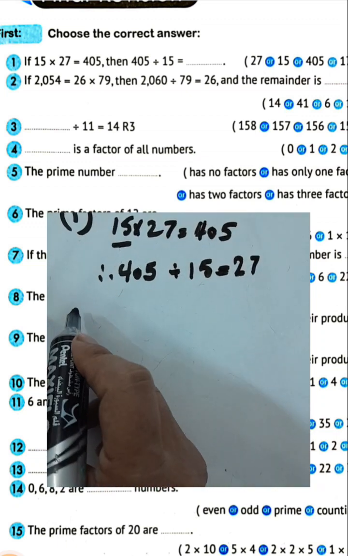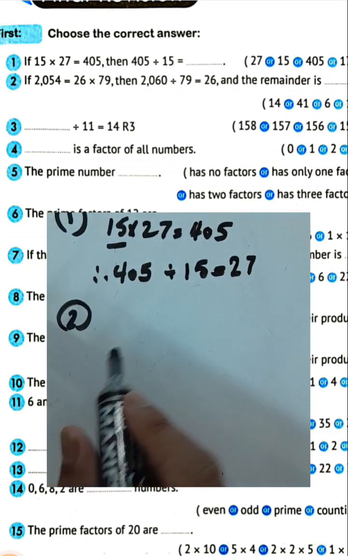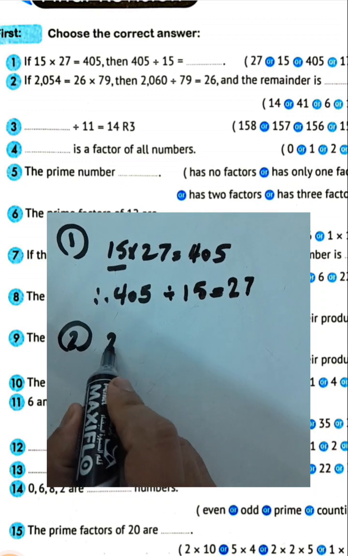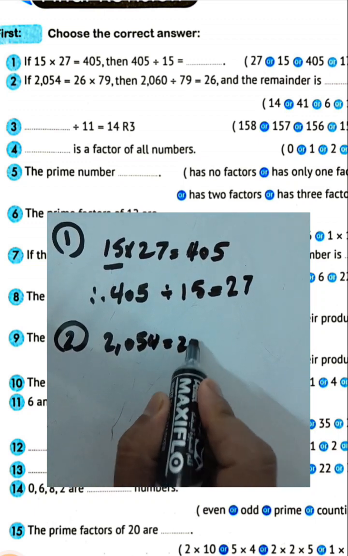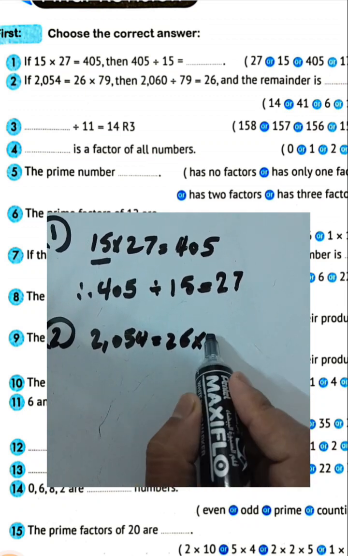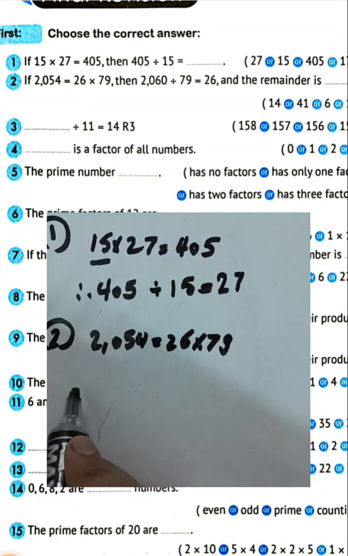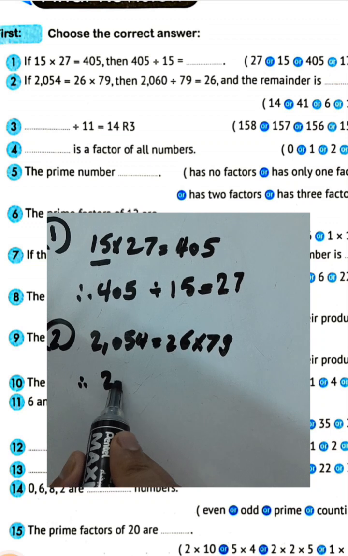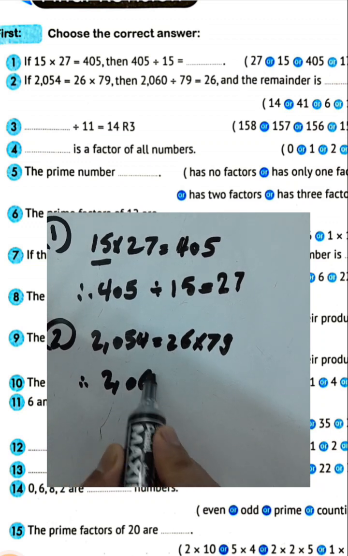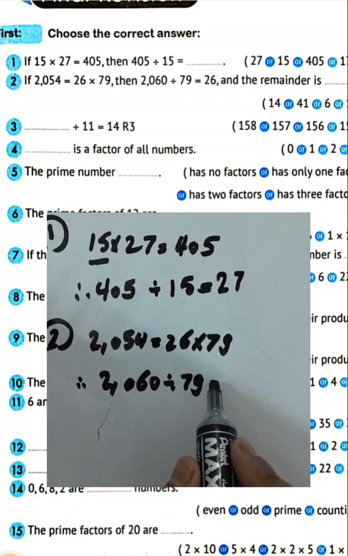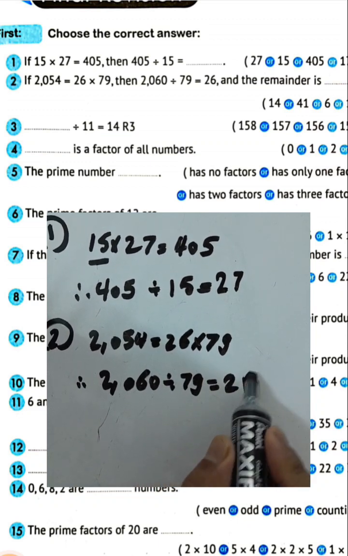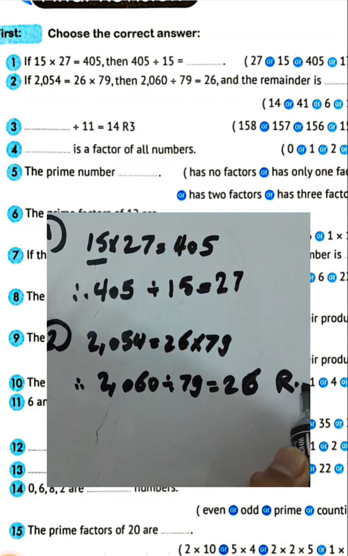Question number 2. If 2054 equals 26 times 79, then 2060 divided by 79 equals 26 and the remainder is blank.